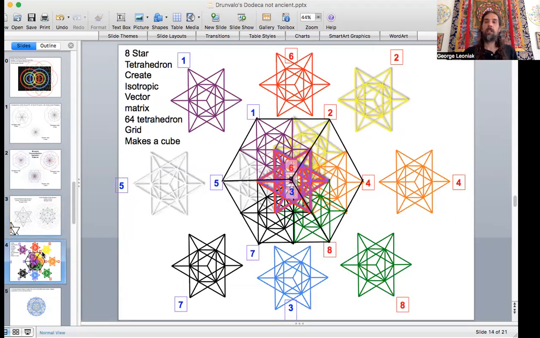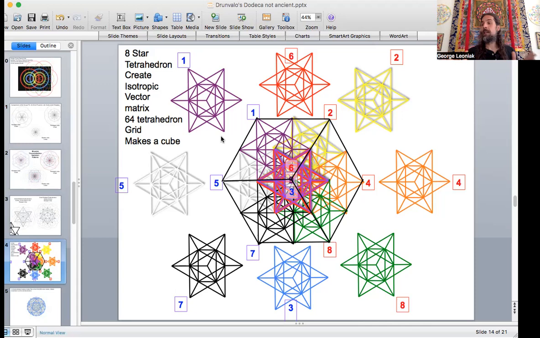So here's the 64 tetrahedron grid, and boy, I pulled up an old slide. This is probably from one of my very first videos, over a couple of years ago at this point. This is when I thought this was all that sacred geometry had to offer, at my limited perspective at the time, because this was the hottest thing going on. Of course, phi ratio was talked about, but I didn't understand how it was interconnected to all these forms.